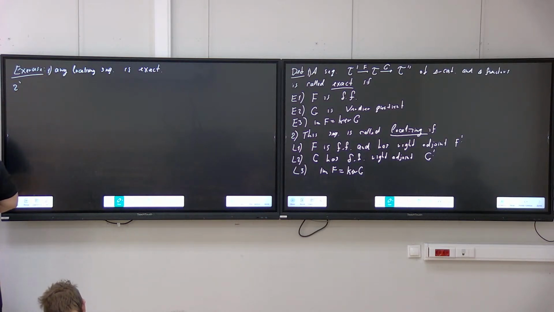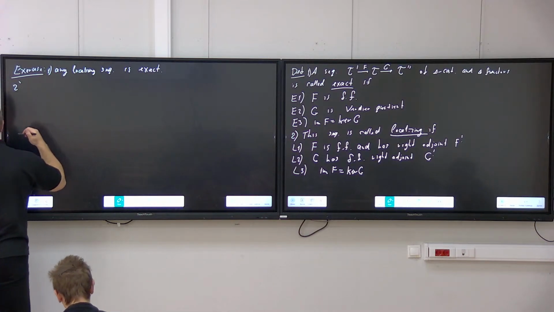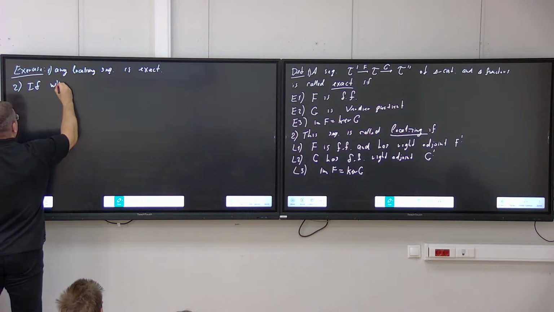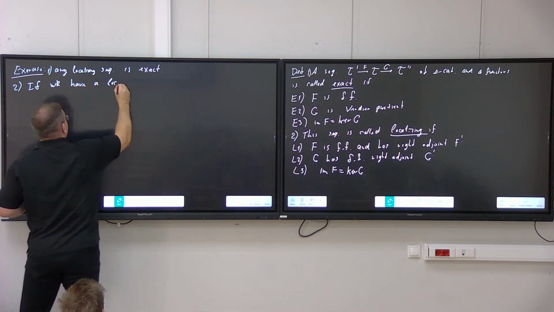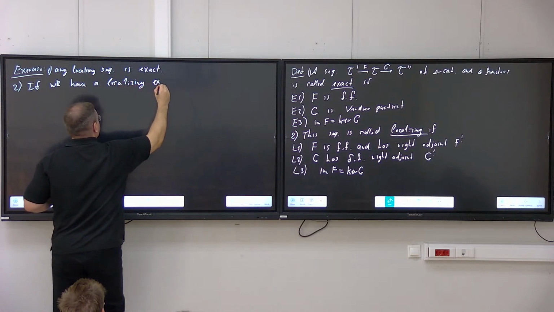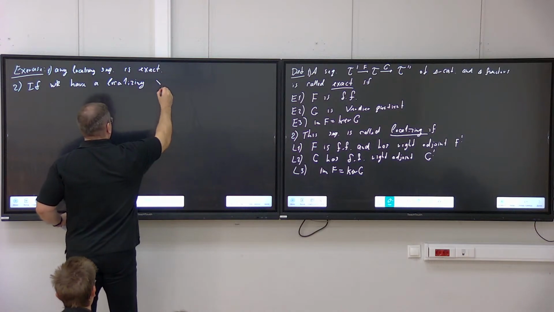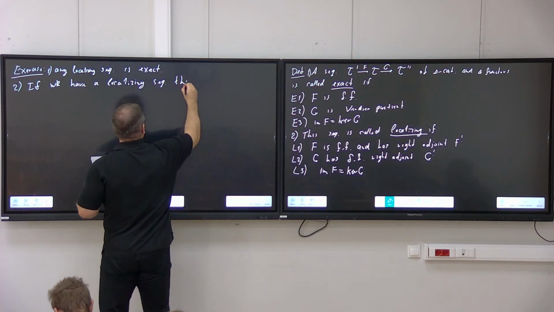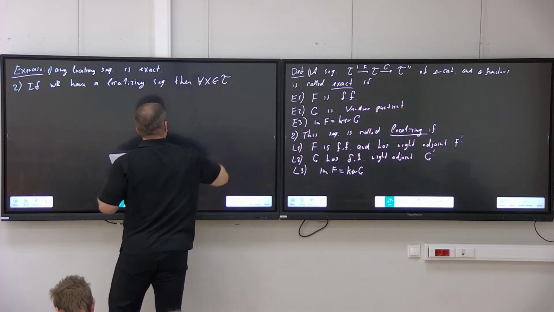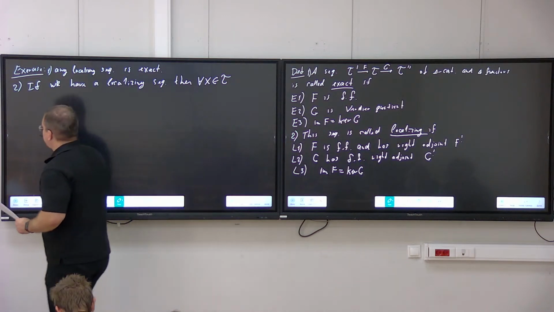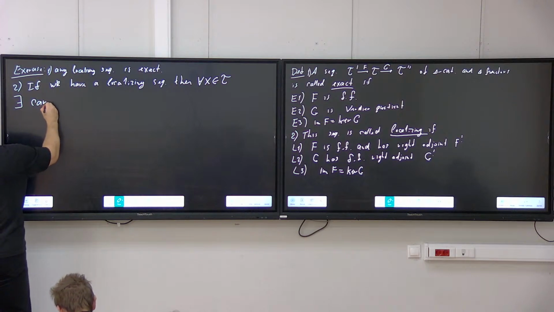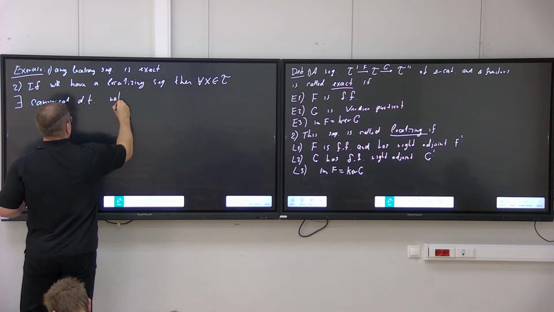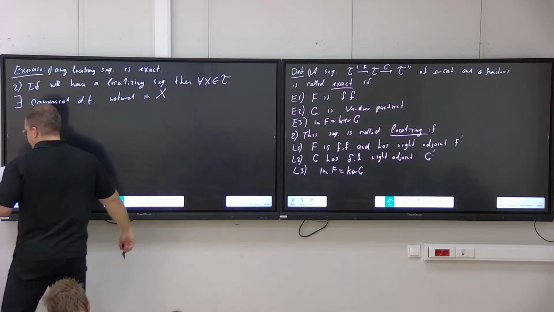And the second exercise is that if we have a localizing sequence, then for any object x in the triangulated category T, there is a canonical distinguished triangle, which is the following.